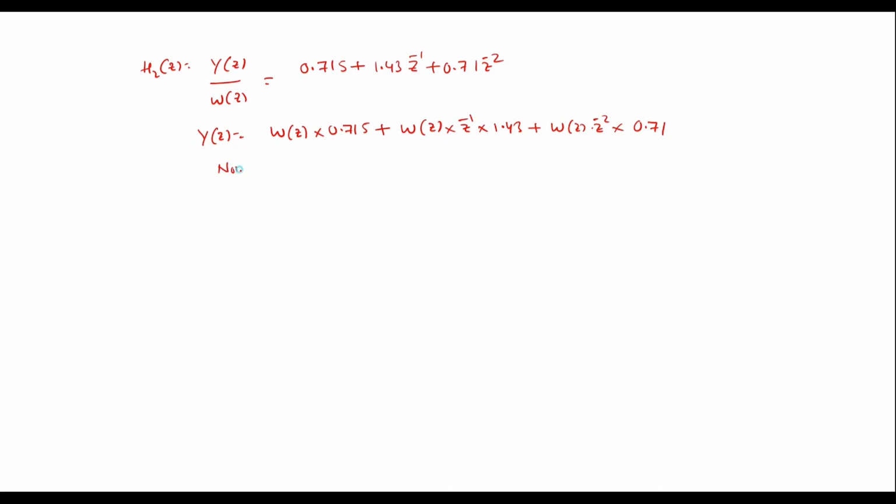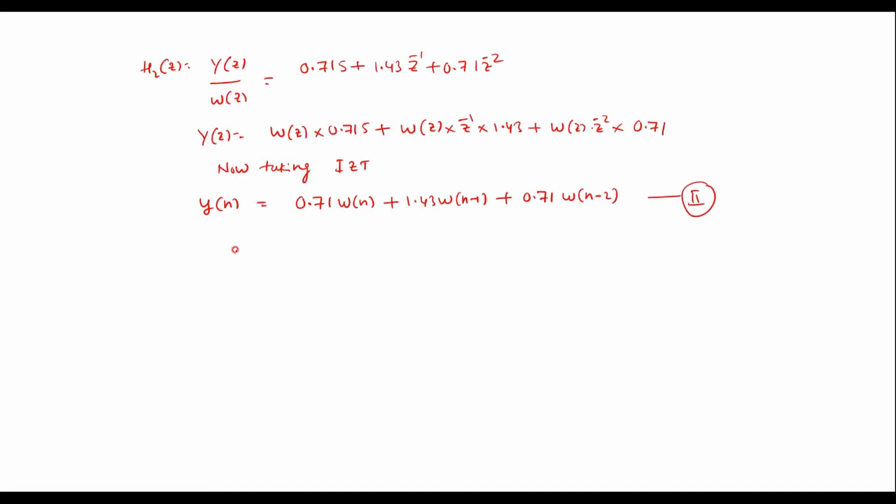Now taking the inverse Z transform, I can write y(n) is equal to 0.71 w(n) plus 1.43 w(n minus 1) plus 0.71 w(n minus 2). So we'll call this equation 2.